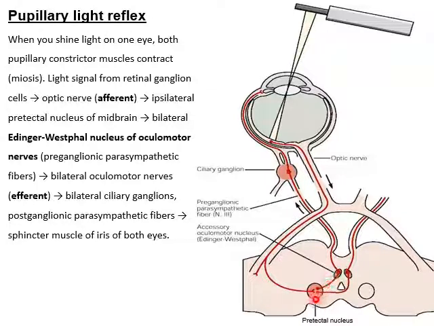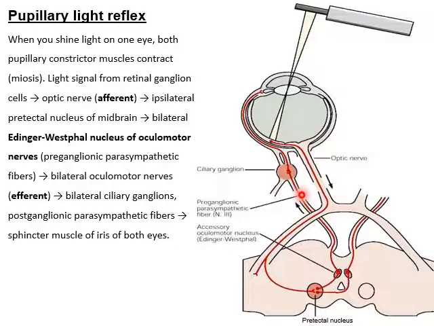From the Edinger-Westphal nucleus, what goes out is parasympathetic input, because it is one of the parasympathetic nuclei. The fibers going out from the Edinger-Westphal nucleus run in the oculomotor nerves on both sides, the right and the left. So these fibers in the oculomotor nerve are efferent.